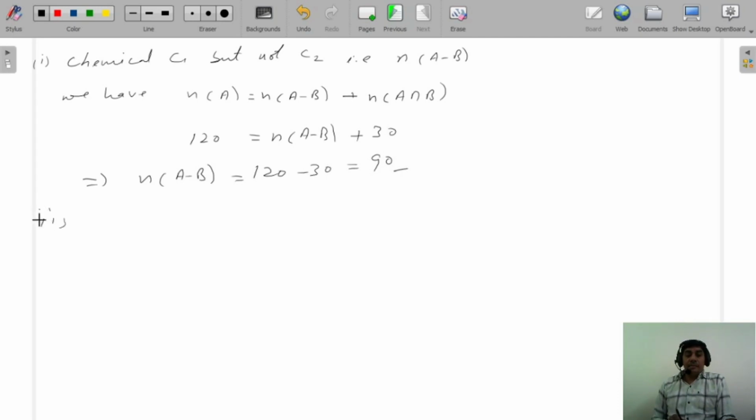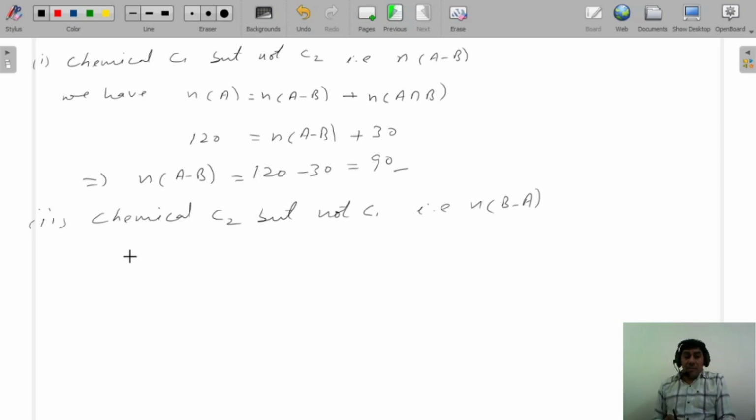Second, chemical C2 but not C1, that is n of B minus A. That means the number of individuals exposed to chemical C2 but not C1.